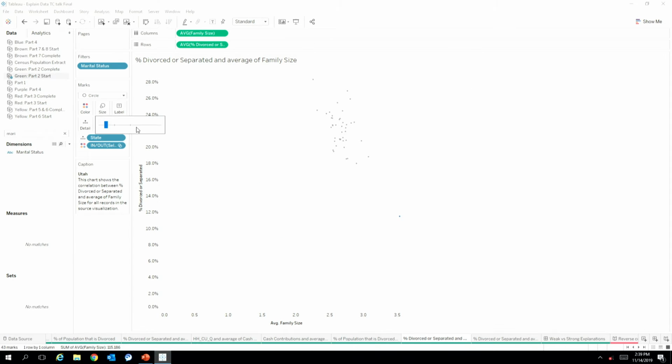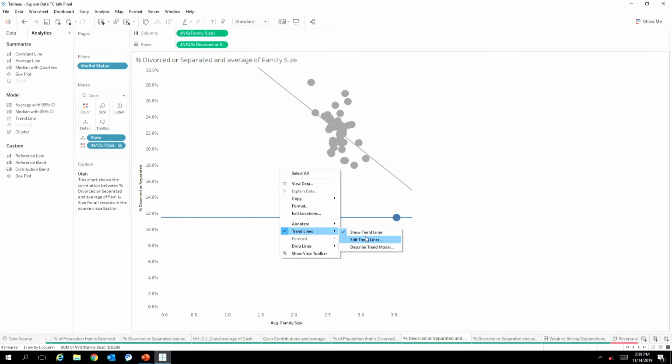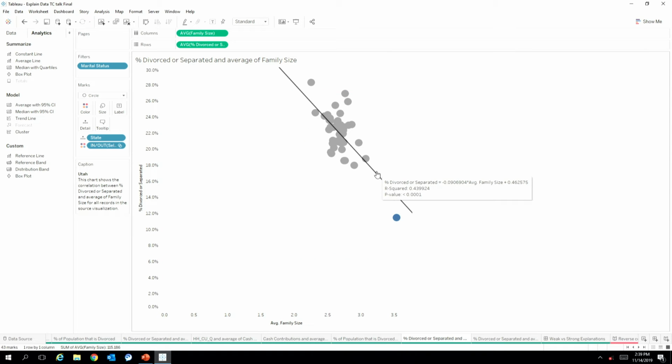What we're seeing here is that family size is highly correlated with low divorce across all states. That's a very strong correlation. If I remove this here, you can see that it is indeed a very statistically significant correlation.